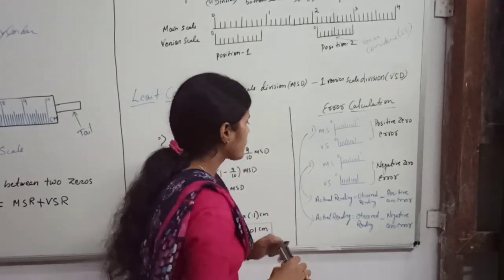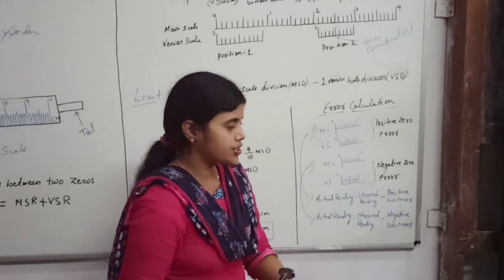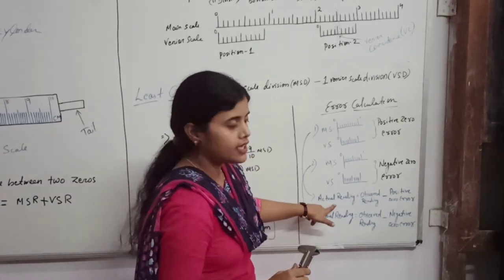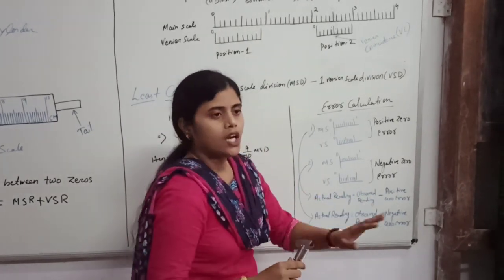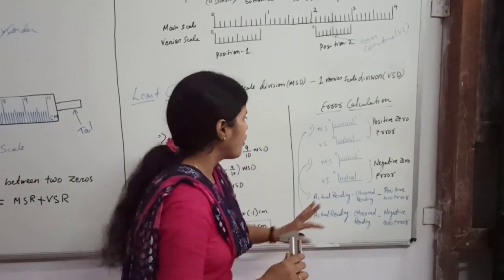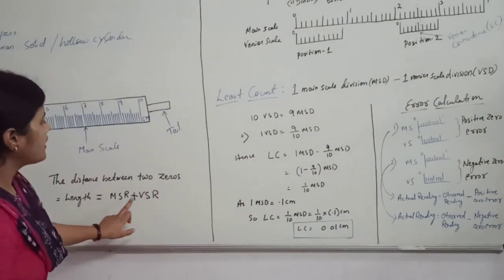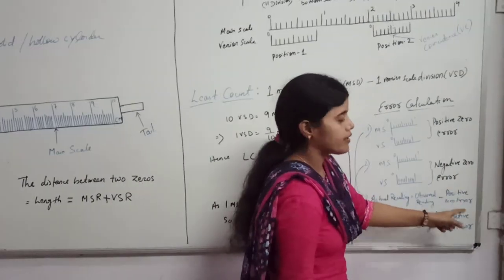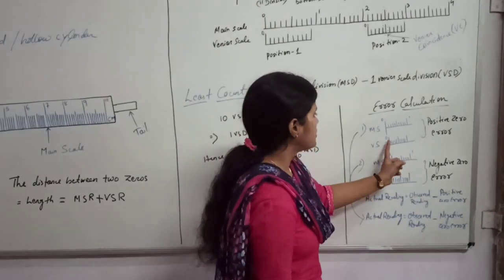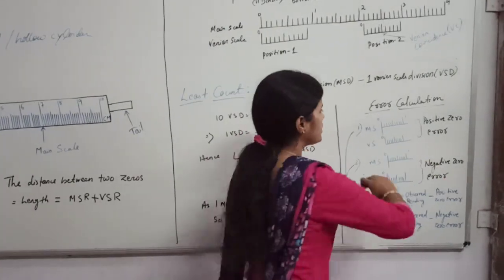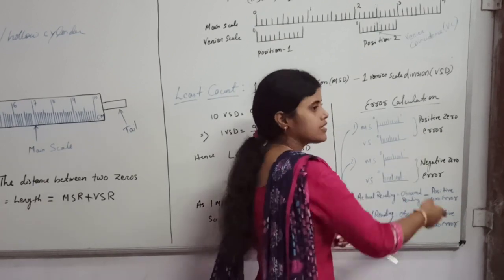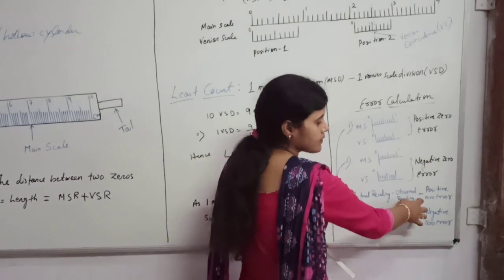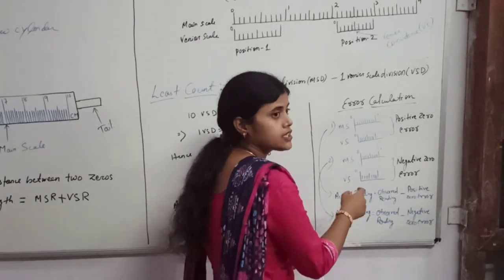To find the error free reading, the actual reading is equal to the observed reading, which is what we have found by adding the main scale reading and vernier scale reading. Then we subtract the positive zero error. Why subtract? Because this is extra added, since it is in the right direction. So we subtract the positive zero error from the observed reading, and that gives us the actual reading, which is error free.